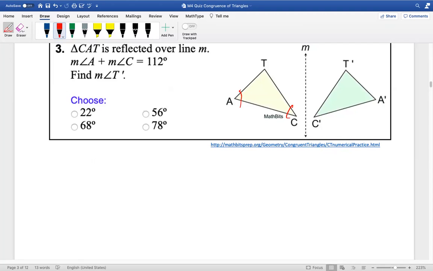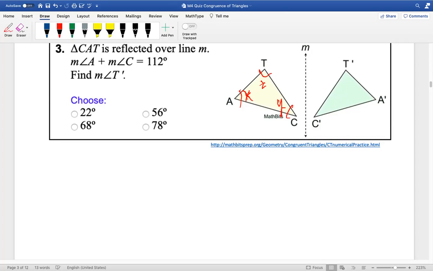Let's assume that angle A is equal to X, C is equal to Y, and T is equal to Z. Now let's identify the corresponding parts in the reflected triangle.